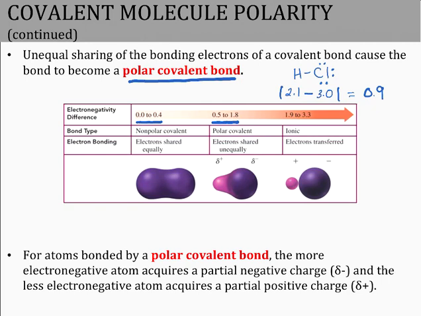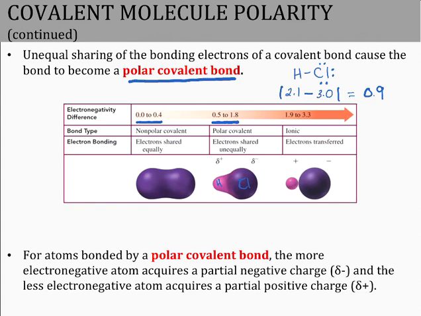And we just calculated that the electronegativity difference between hydrogen and chlorine is 0.9. So that falls under the category of polar covalent. So here you can imagine a hydrogen atom and a chlorine atom. So electrons are more attracted to chlorine.